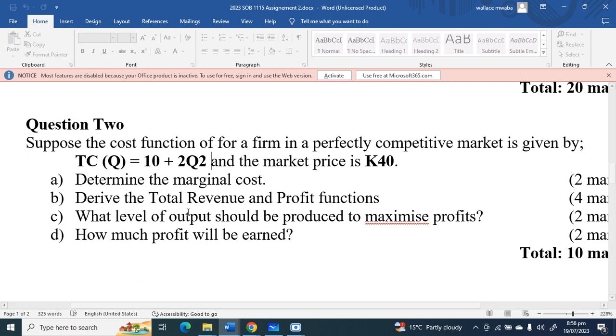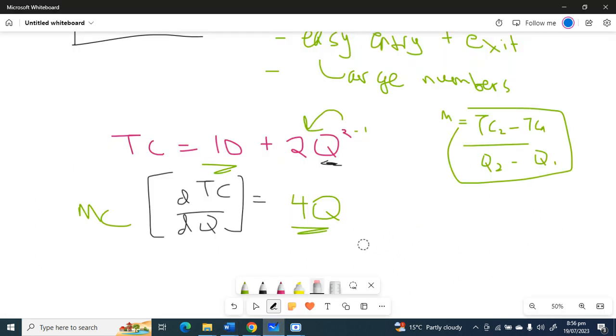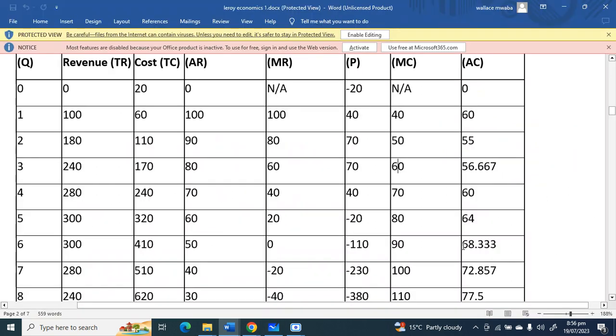Okay. Derive the total revenue and the profit functions. Always remember this formula for total revenue: price times quantity.